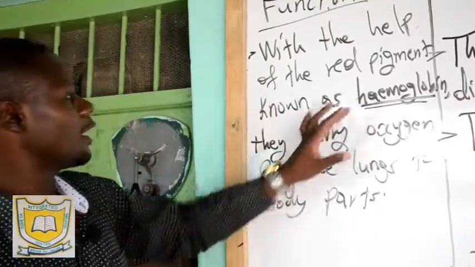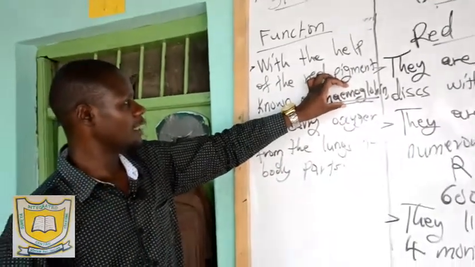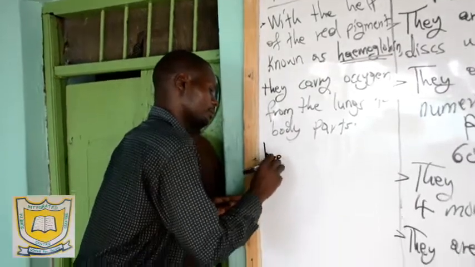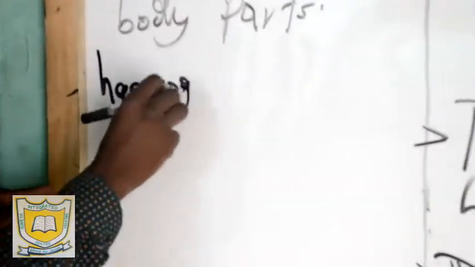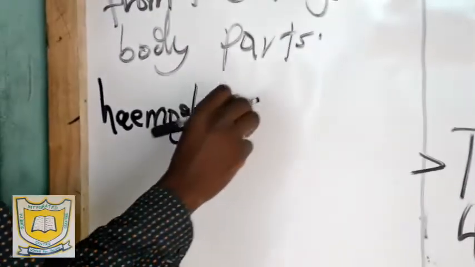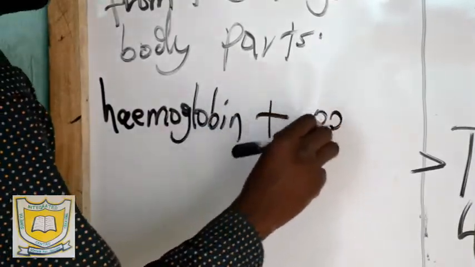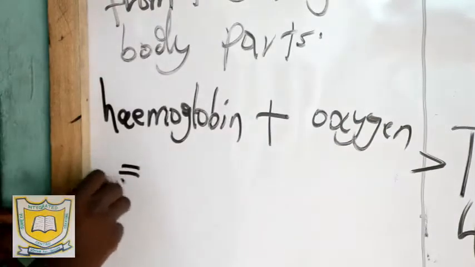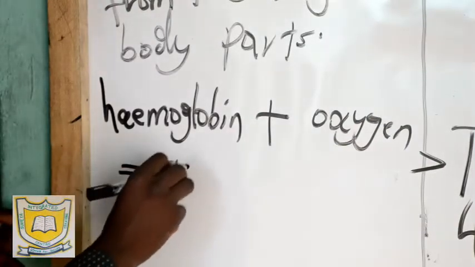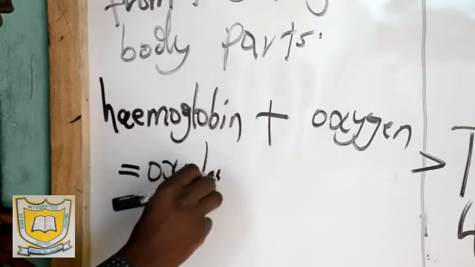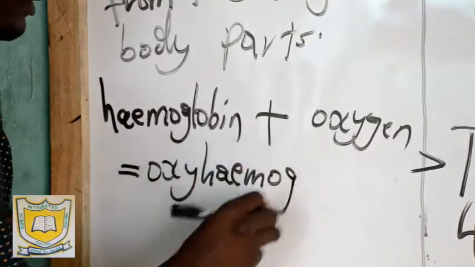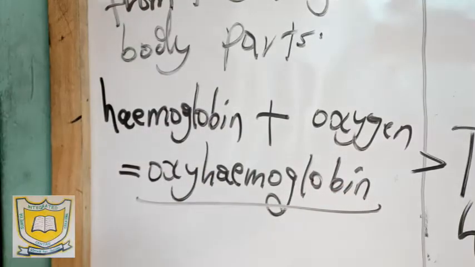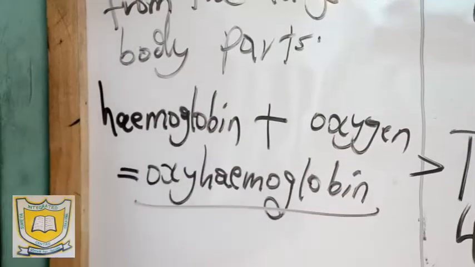Now what happens is that hemoglobin combines with oxygen. So you might be asked, how does hemoglobin carry oxygen?